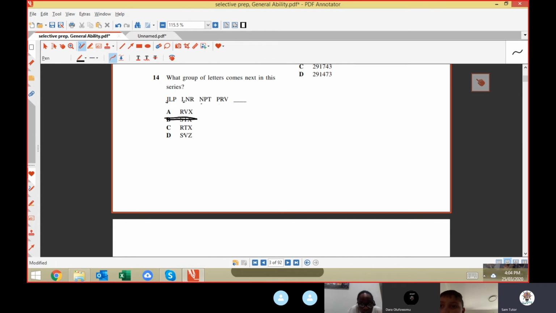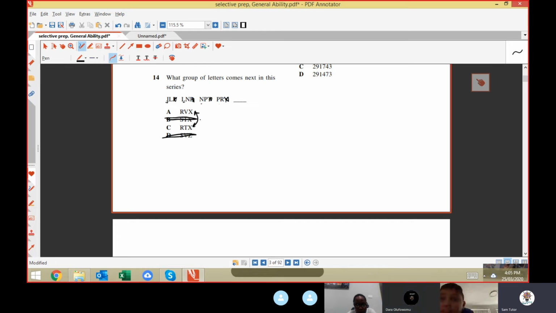So you can already cross out B and you can cross out D. Remember, you don't have time in an exam to go through every single answer. You need to be fast with this. And you already know the last one is definitely going to be X because it's the same, so you don't need to worry about the last letter. Do we agree?